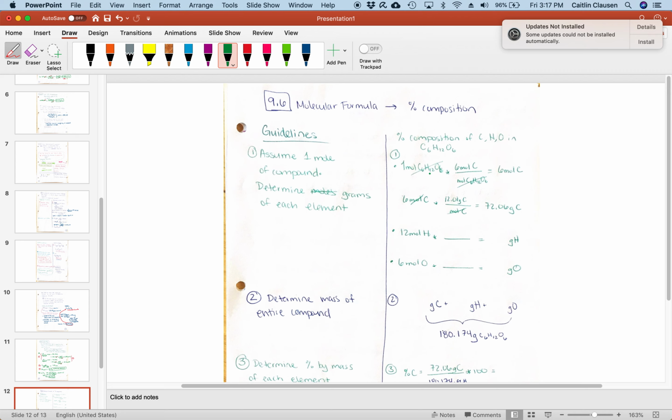If I assume I have 1 mole of C6H12O6, 1 mole of that contains 6 moles of carbon from the subscript. I need to put moles of my molecule on the bottom and moles of carbon on the top, so I just get moles of carbon out. And then I can convert the moles to grams using the molar mass of carbon. So do the same thing right now if you want to pause the video for hydrogen and oxygen, and then you can continue the video once you're done.